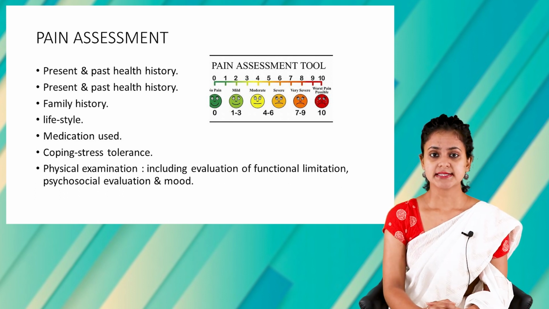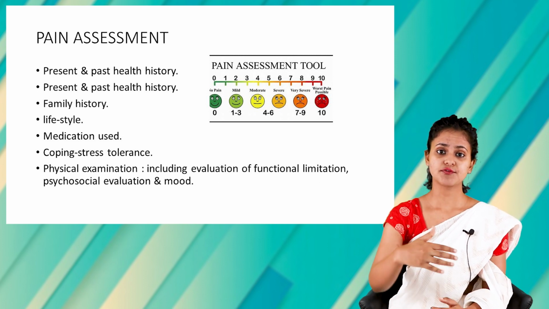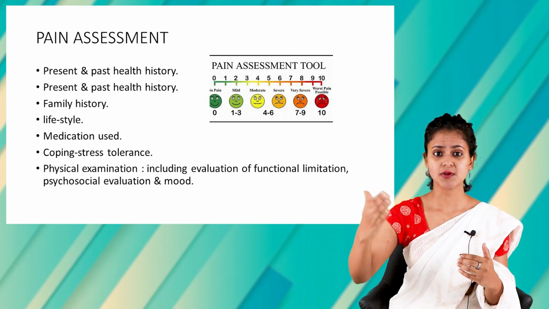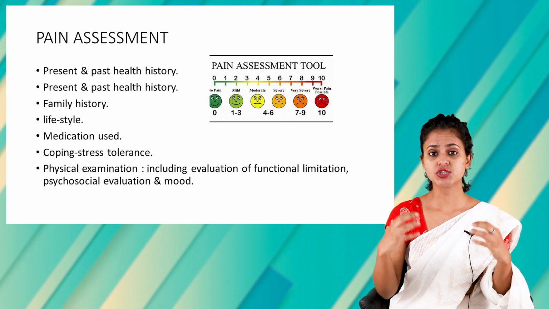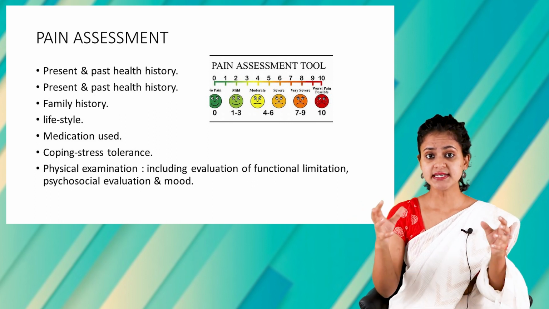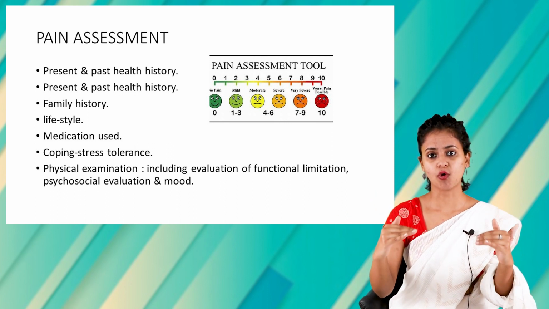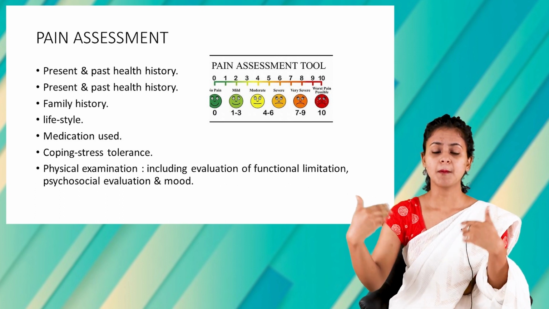Basically, pain assessment first includes a detailed and thorough history collection. It first includes the present and past history of the client. Here, we ask the client about any other disease conditions the person has suffered from earlier. We also note down all the medications used by the client, because these details help a medical professional understand the person's tolerance if he or she is suffering from pain.